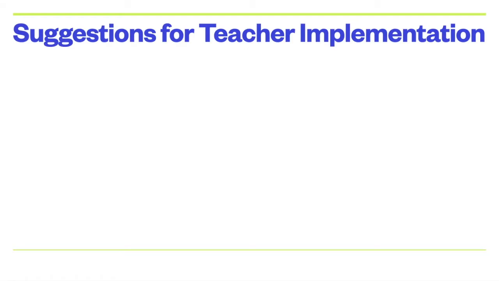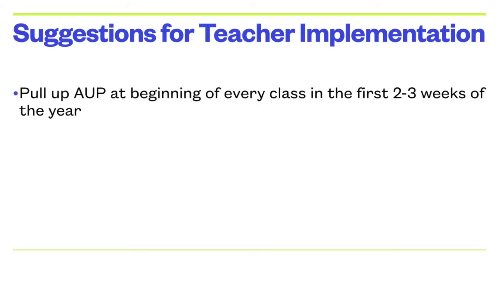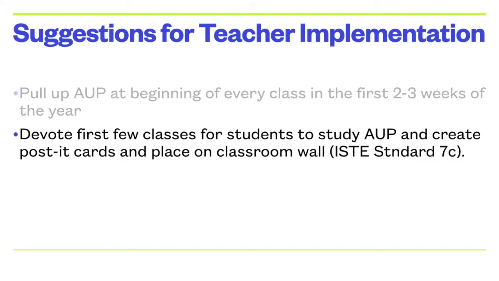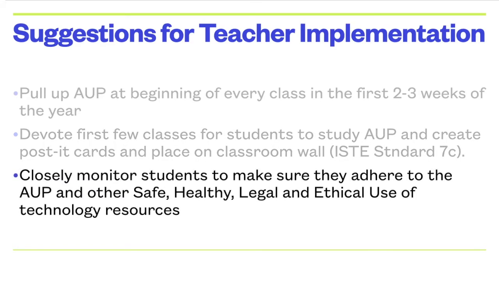Some suggestions for teachers to implement these AUPs in their classes. I think that at the beginning of the year, within the first 2 or 3 weeks, teachers should stress the importance of the AUP in each and every class of theirs. For the first few classes, teachers can devote some time to get students to read and understand the AUP, and create some sort of posters to put around the classroom so that it keeps them reminded of those policies.